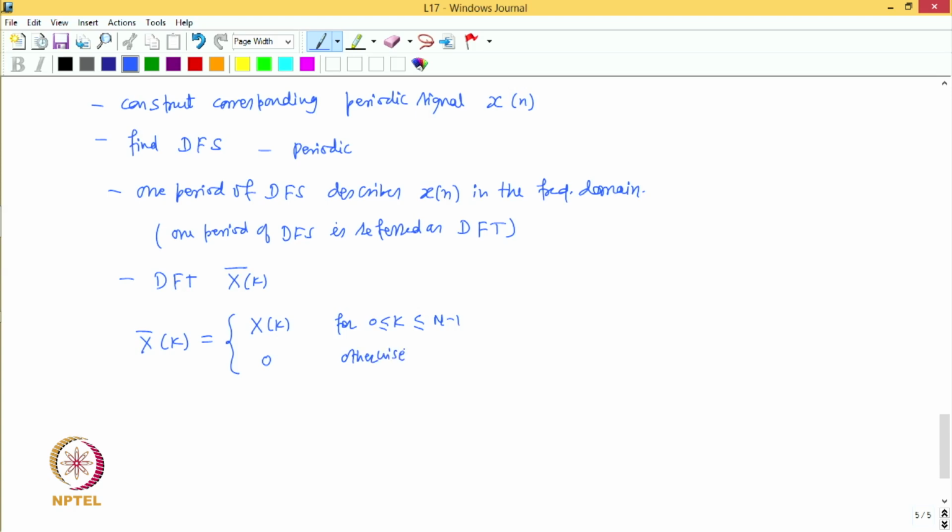For other values of k it is 0, and it is equal to X[k], the DFS, only for k from 0 to N minus 1. Now if you substitute X[k] here, that is nothing but 1 by N times the sum of x[n] e to the power minus j k 2 pi upon N n, with n varying from 0 to N minus 1, and this is true for k varying from 0 to N minus 1 and 0 otherwise.